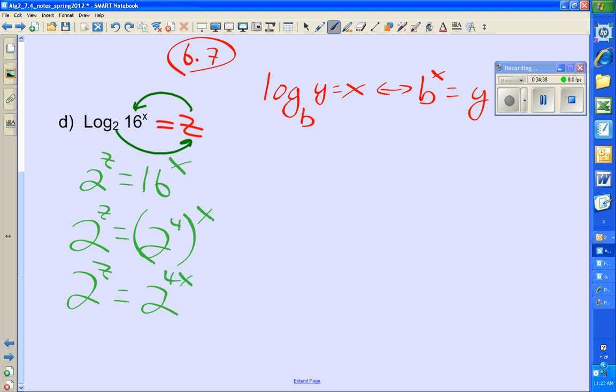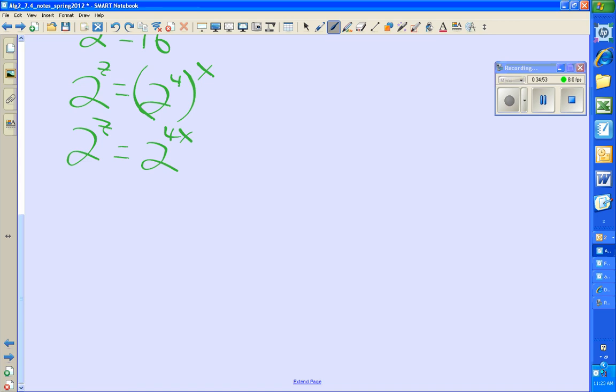Just get rid of those parentheses. Well, I'd like to know what the next line is. What would the next line say? Fantastic. That's a great logical conclusion. If the bases are the same, the powers are the same.